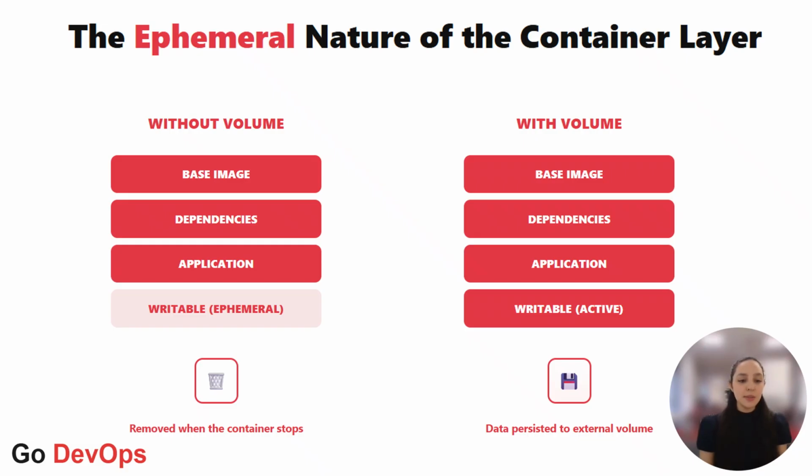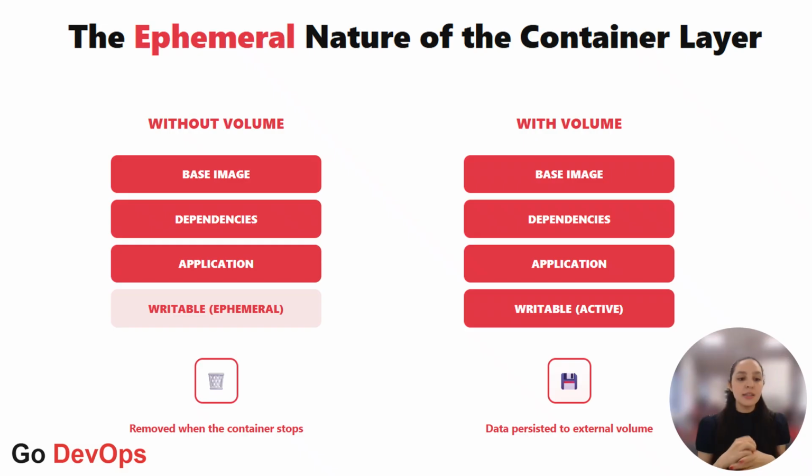So this separation between ephemeral container storage and persistent volumes is one of the smartest design choices in containerization. Containers stay stateless, which makes them easy to scale, easy to restart or to replace, and the images remain clean and consistent since no runtime data is going to pollute them.